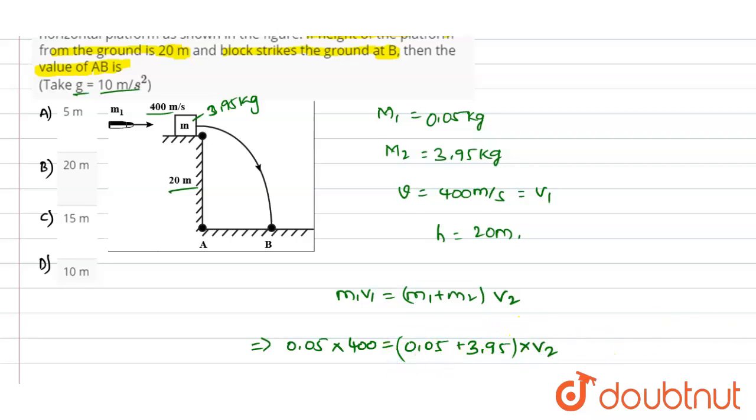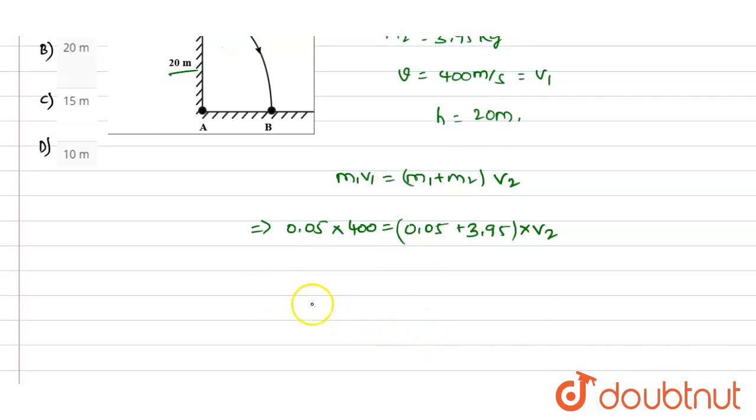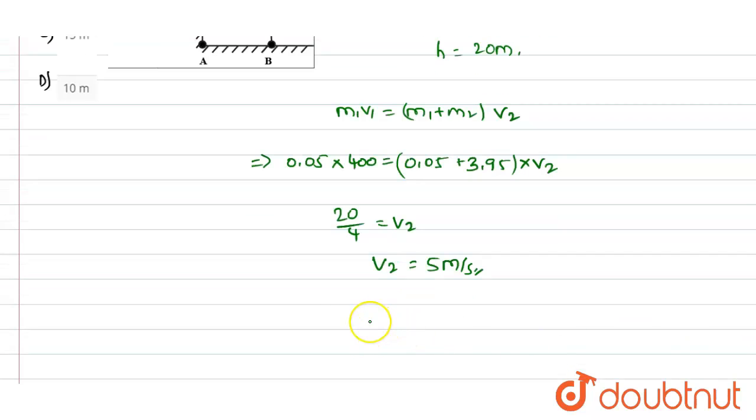The v2 value is not given in the question, so we are directly taking it as it is. So 20 divided by 4 equals v2, so v2 will be equal to 5 meters per second.